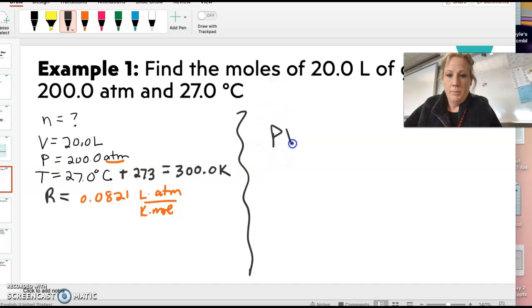So PV equals nRT. You can solve for n first and then put the variables in, or I think the way more common that you do it is to put the values in and then rearrange.